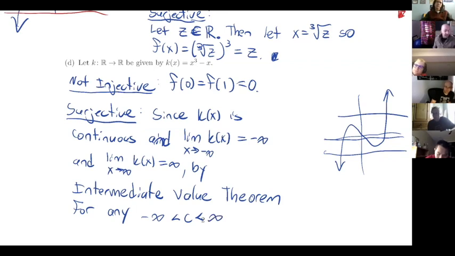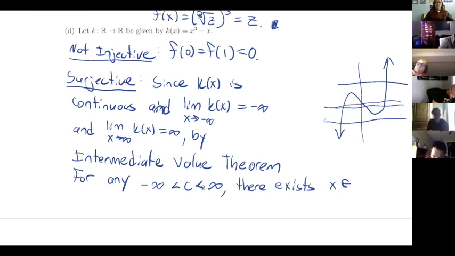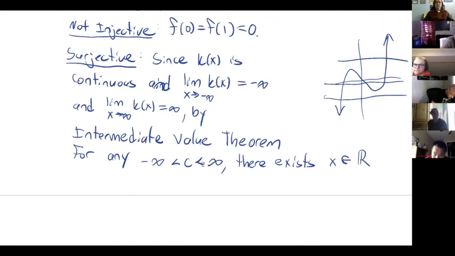What the intermediate value theorem says is that for any value c in between our end limits, there is some value of x in our domain such that f of x is equal to c.